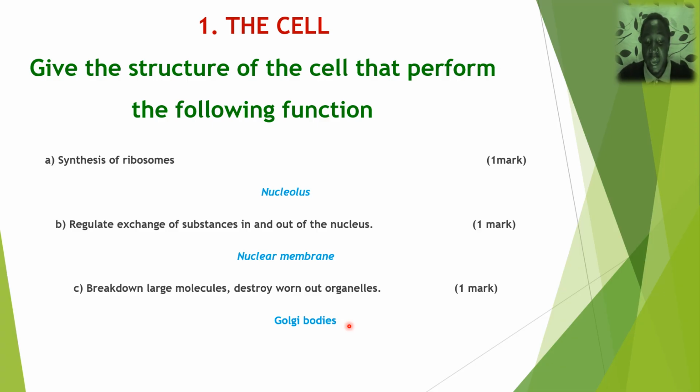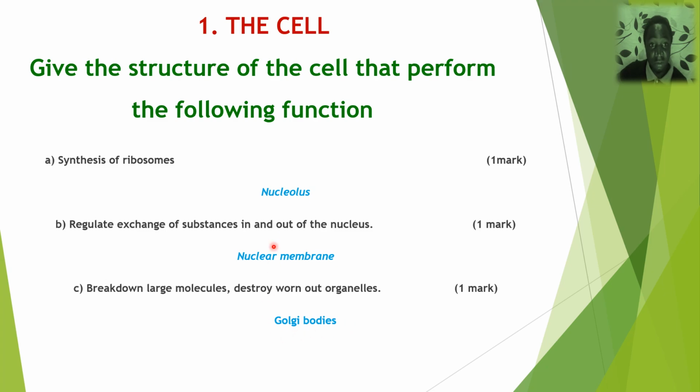Just the same way we have the cell membrane, which allows selective entrance and leaving of materials in and out of the cell. So the Golgi bodies then package and break down materials, kind of recycling center of the cell. So therefore, each part works together to keep the cell alive and efficient.